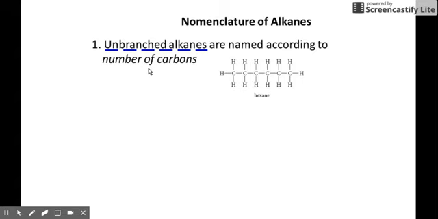If it's unbranched, with no branches present in the structure, you just need to count how many carbon atoms you have. According to how many carbon atoms you have, that's how you name it, using the prefix associated with that number. So when you observe this structure, you count 6 carbon atoms, and the name associated with 6 is hex. You name it with an ANE ending, so that becomes hexane.